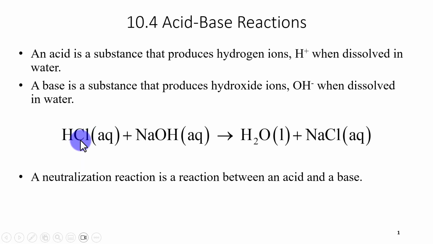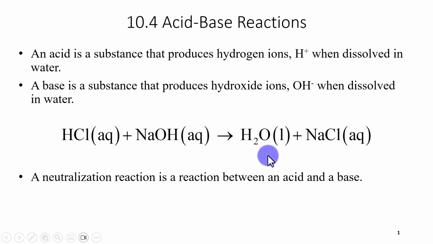When we react an acid and a base together, the subsequent reaction is called a neutralization reaction because the acid and the base neutralize each other, and if they are mixed in the appropriate, proportionate amounts, they will produce a salt and water.